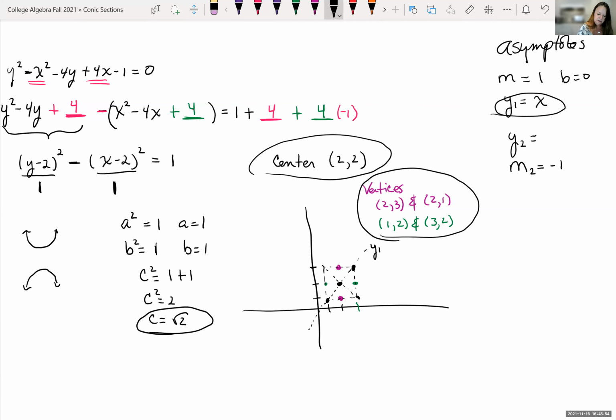We can tell what the y-intercept is without even doing some of the math. We could go up 1 over 1 to the left. That would show me that my y-intercept is going to fall at 4. So b is 4. So my equation for the asymptote that is decreasing is y sub 2 equals -x plus 4.